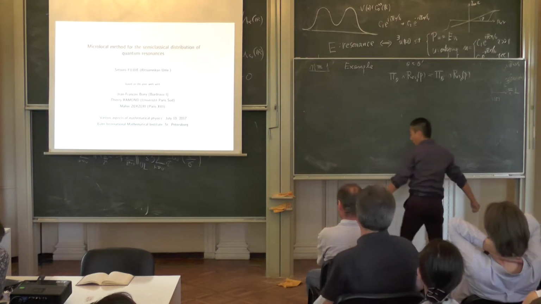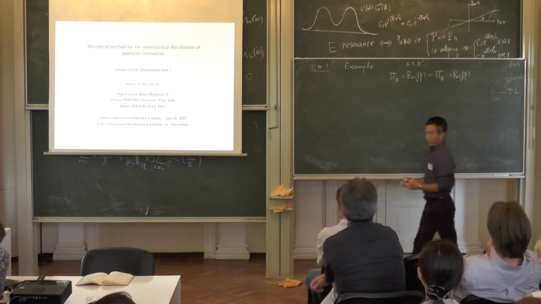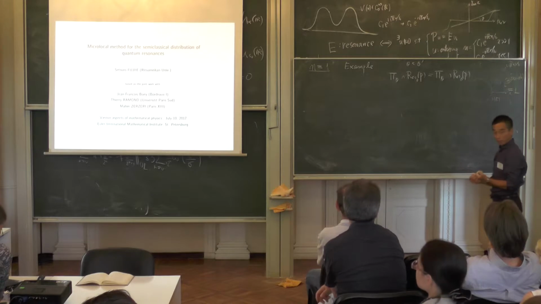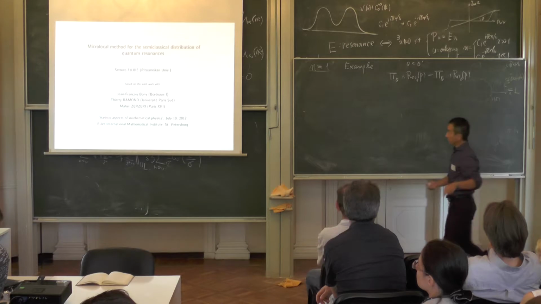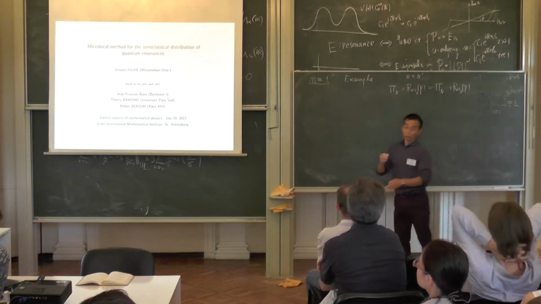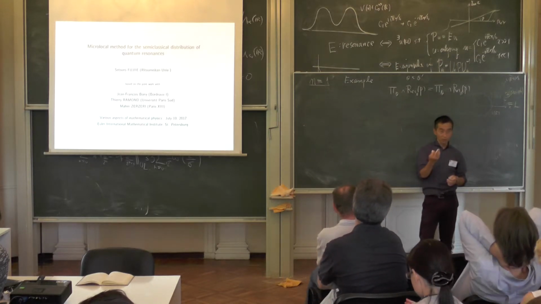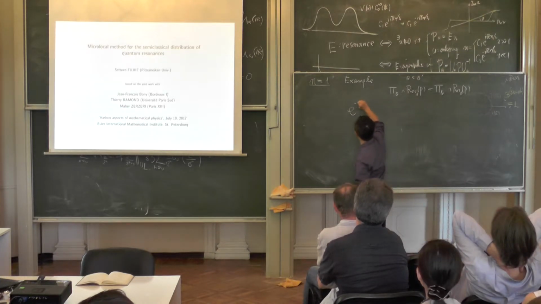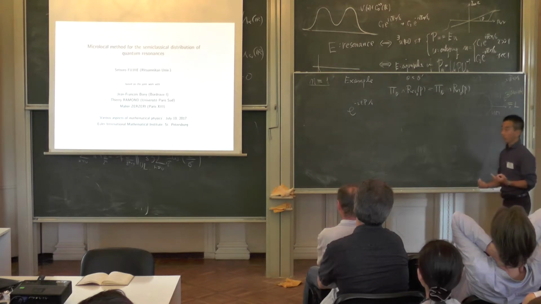So, as I said, resonances are complex and in the lower half plane, and especially when we study the semiclassical analysis of resonances, the imaginary part of resonances is very important because if you consider the evolution operator, which is e^{-itP/h}, this is the evolution operator of the Schrödinger equation.